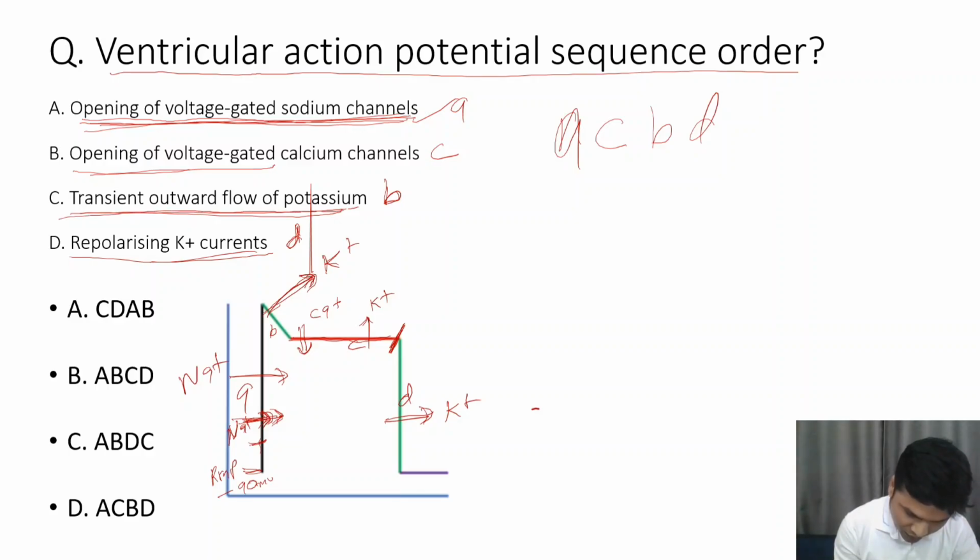So this is B. Then C is potassium going out and then opening of the voltage gated calcium channel. Here the voltage gated calcium channel opens. So this is C, and next D is the repolarizing potassium current. So A, C, B, and D.